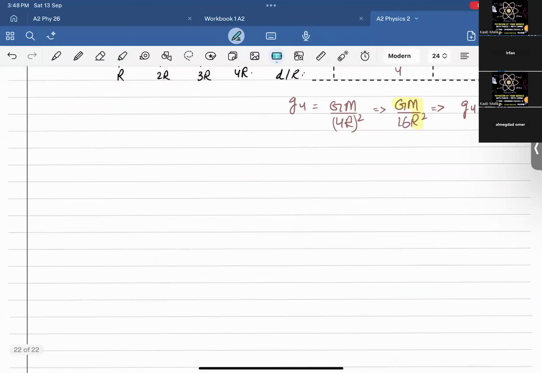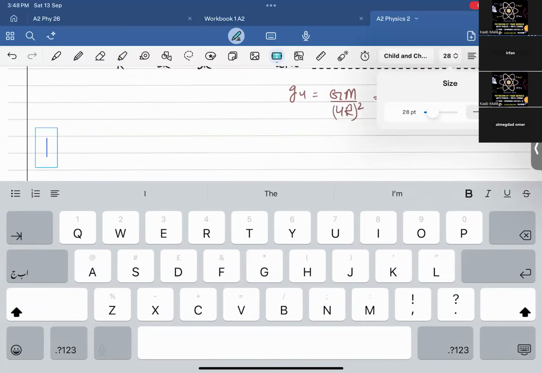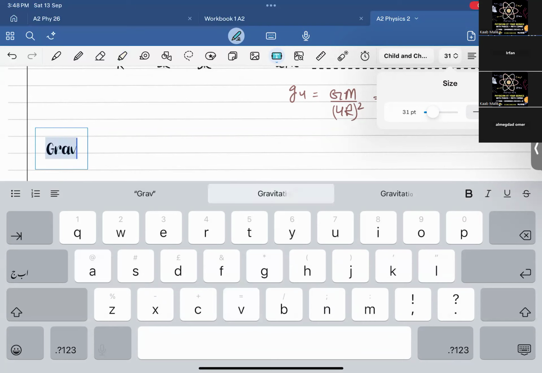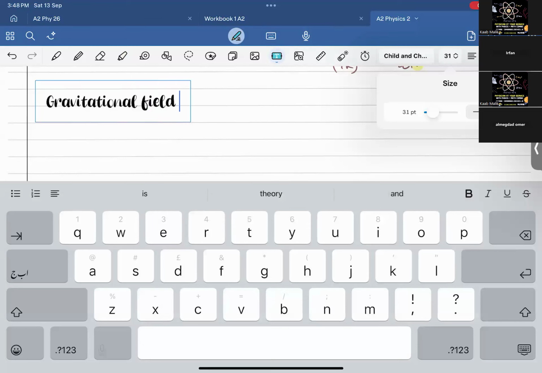Let me just put the headings. Gravitational field around the two masses.